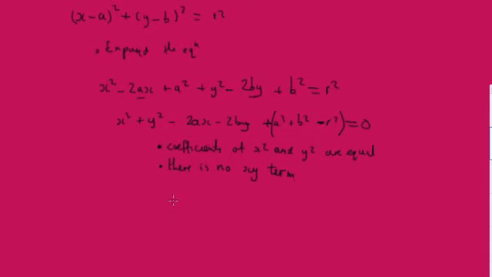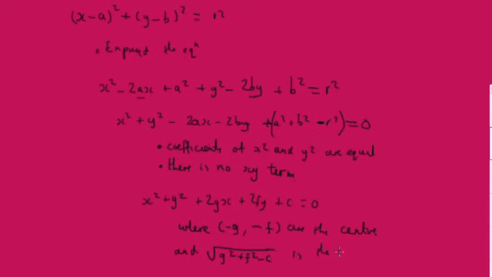Now, we can write the expanded form of a circle as this. We can write x squared plus y squared plus 2gx plus 2fy plus c equals 0, where minus g, it's meant to be a g not a y, and minus f are the centre, and where the square root of g squared plus f squared minus c is the radius.